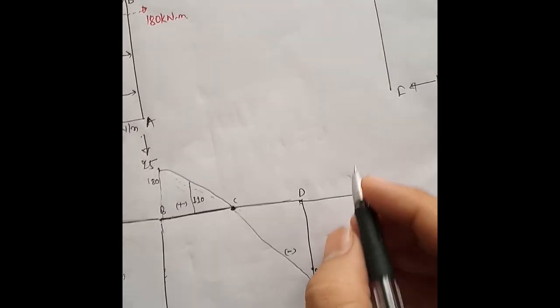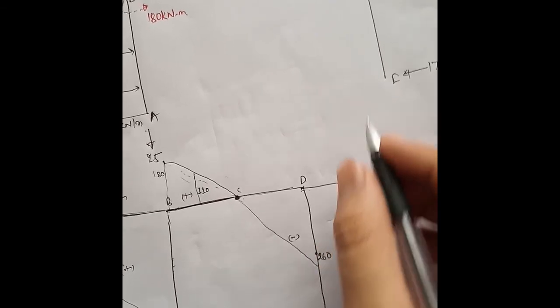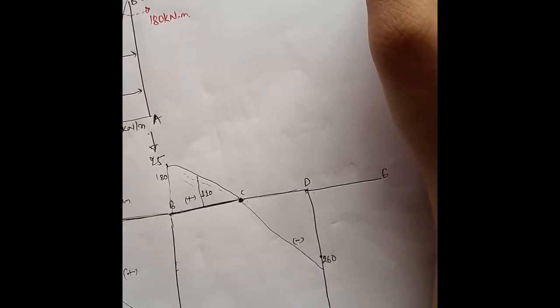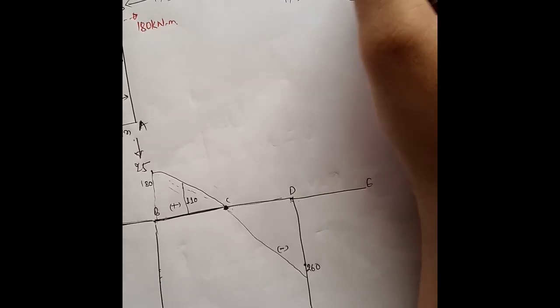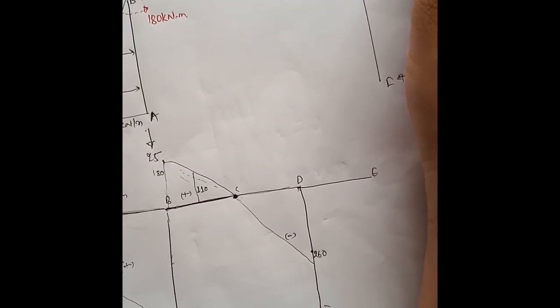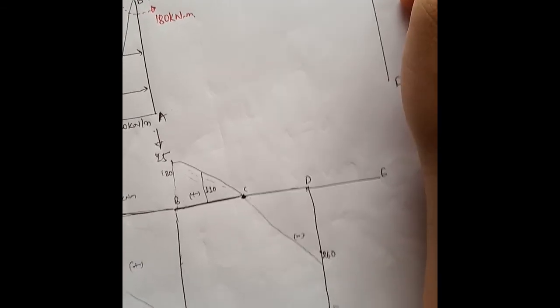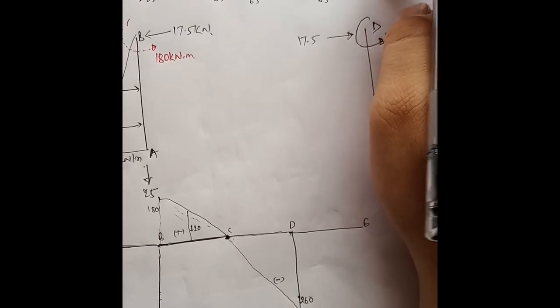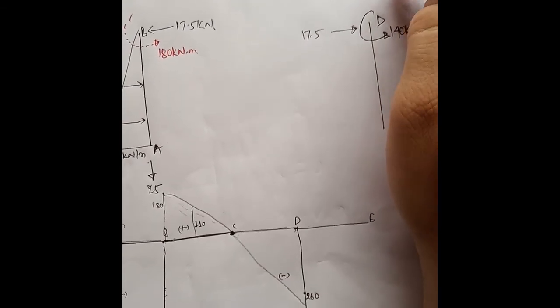Likewise at DE you have 120, 40 into 3, 120, that is anti-clockwise. This 40 into 3 is actually a clockwise moment, so you have drawn the balancing one, and 120 is anti-clockwise.